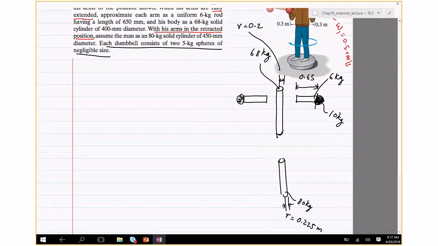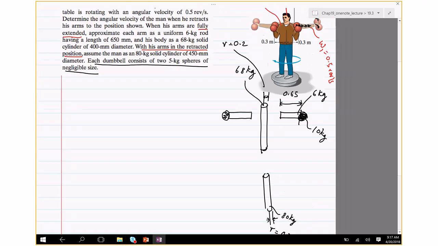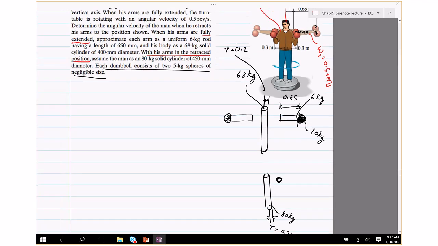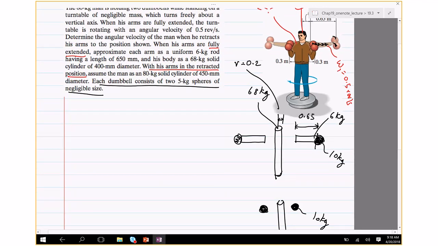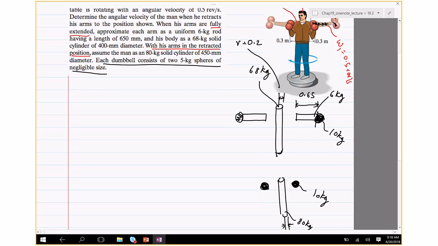Okay, and of course the dumbbells are going to be here, 10 kgs. So that's how he looks when his arms are extended. That's how you approximate his geometry when his arms are fully retracted.